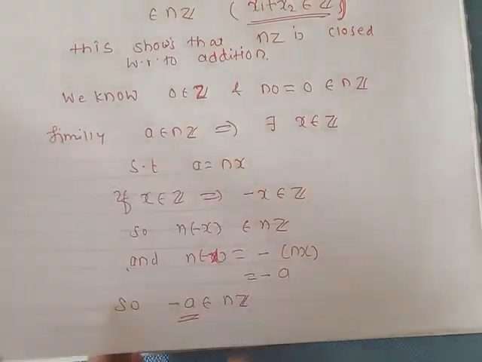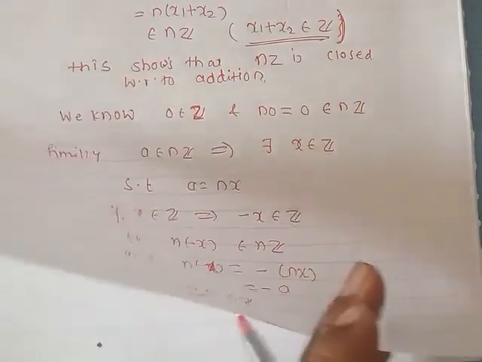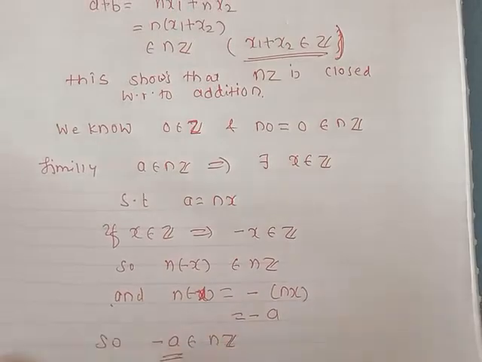So all three properties are satisfied, hence nZ is a subgroup of Z with respect to usual addition.